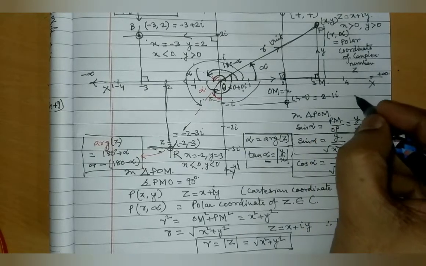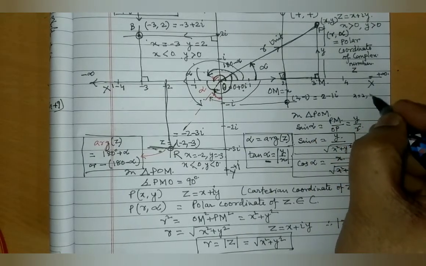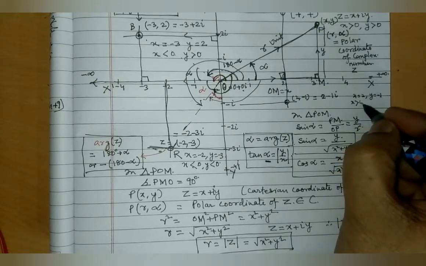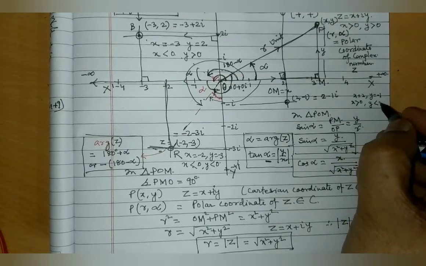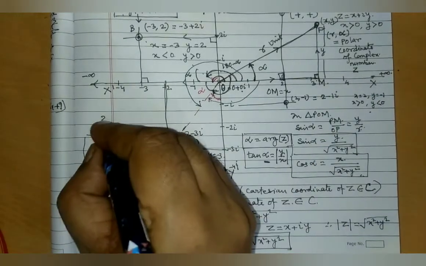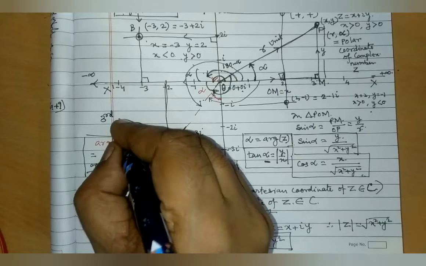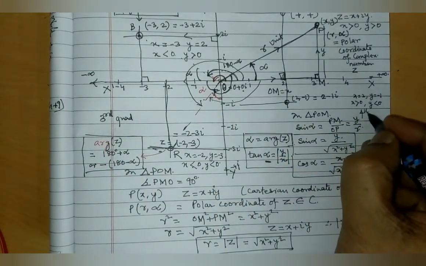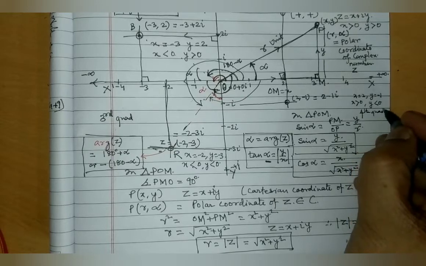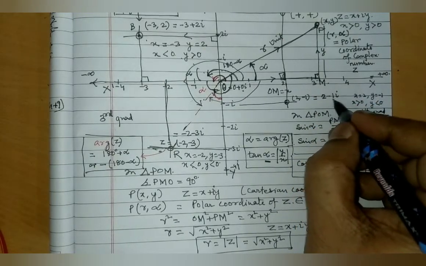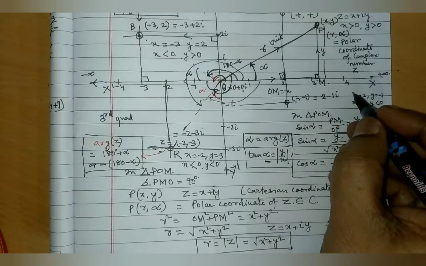Here x is equal to 2 and y is equal to minus 1, so x is greater than 0 and y is less than 0. It means it is in the fourth quadrant. What will happen in the fourth quadrant?